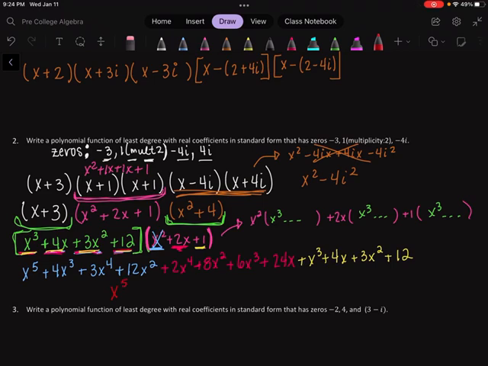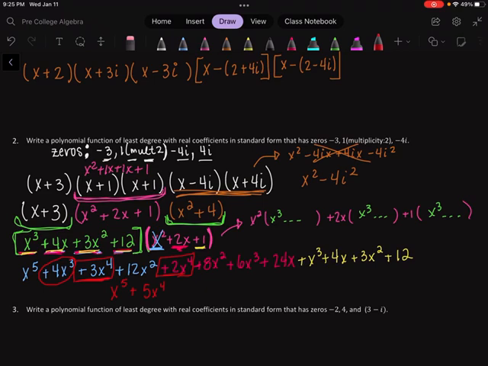Now in standard form, it needs to be in decreasing degree order. So I'm going to do the fourth powers. I've got this guy and this guy. I'll box the fourth powers in. If you have colors, you can underline them in a different color. So that is positive 5x to the fourth. Now I'm going to do all the cubes. I'm going to circle my cubes.